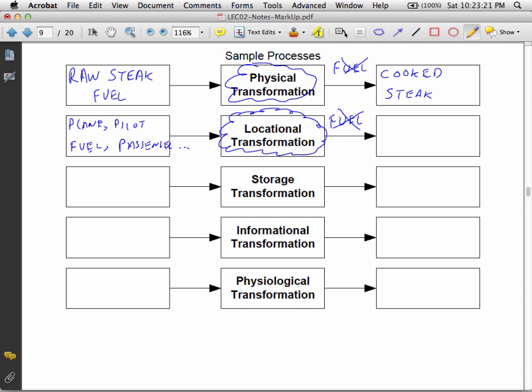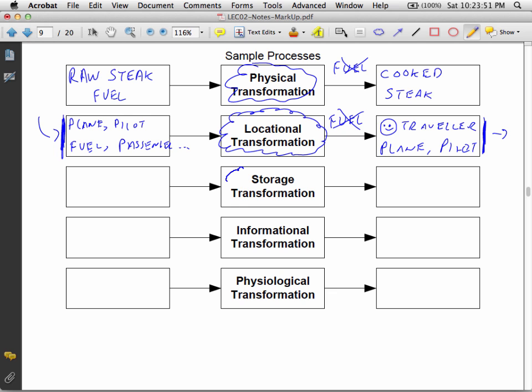The end product, the output, if you will, you could say, is a happy traveler. They've made it to the destination in time. The plane is still an output of that, the pilot, and so forth. What we're not looking at is everything that comes before this and everything that happens after this. I'll talk about that more in a moment.